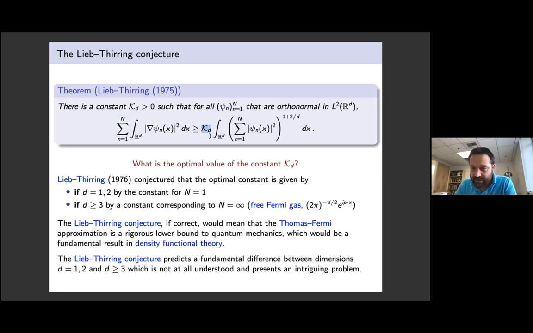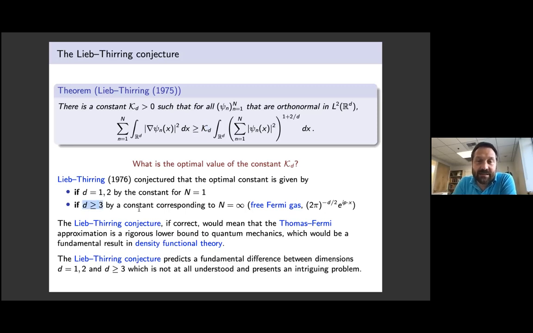Okay, that's a constant that you can compute. In one dimension, you can write it out. It's something like, I think, pi squared over 3 or something. In 2 dimensions, you can compute the constant up to arbitrary precision by solving an ODE. The situation is conjectured to be completely different in dimensions 3 and higher.